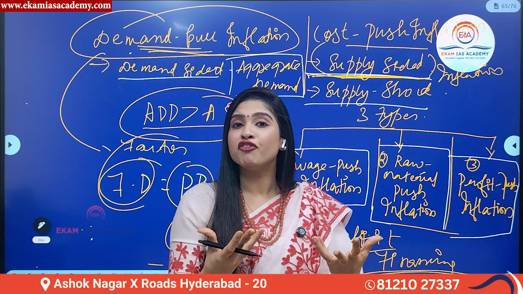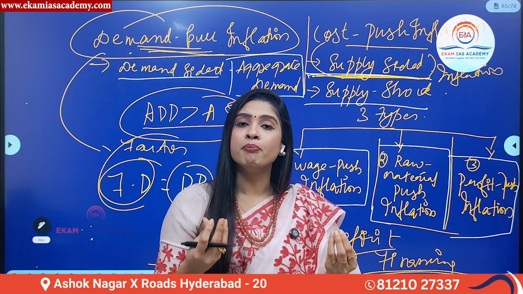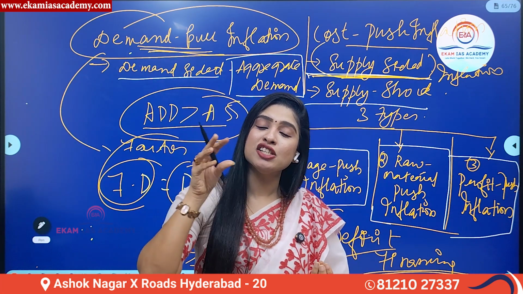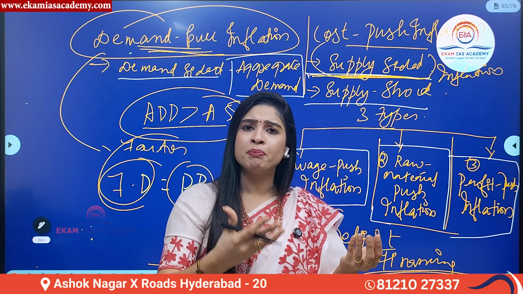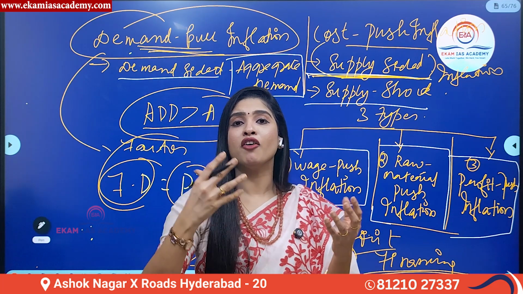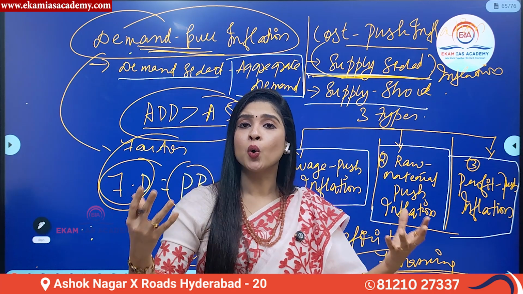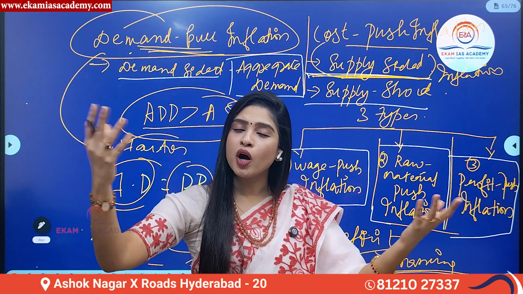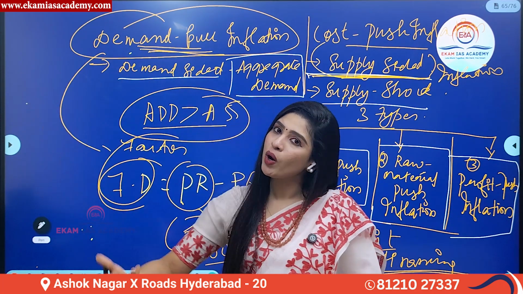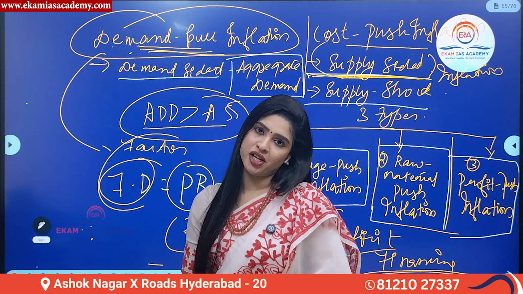Because of this printing of new currencies, more money supply gets injected into the economy. The purchasing power parity of the people increases. Automatically, aggregate or total demand increases, leading to price rise. Called what inflation? Demand pull inflation.